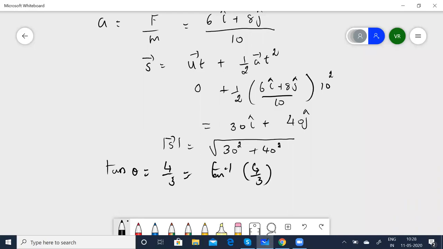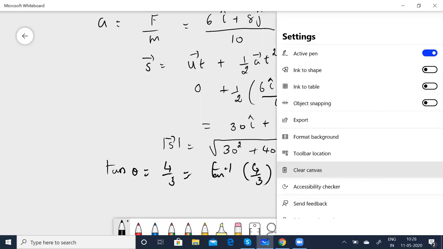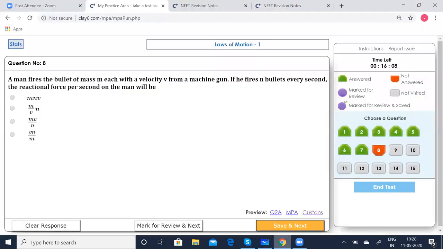Okay, let me clear the canvas and go to this problem. Let me quickly go again. The man fires bullets of mass m, each with a velocity v, from a machine gun. If he fires n bullets every second, the reaction force per second on the man will be what?